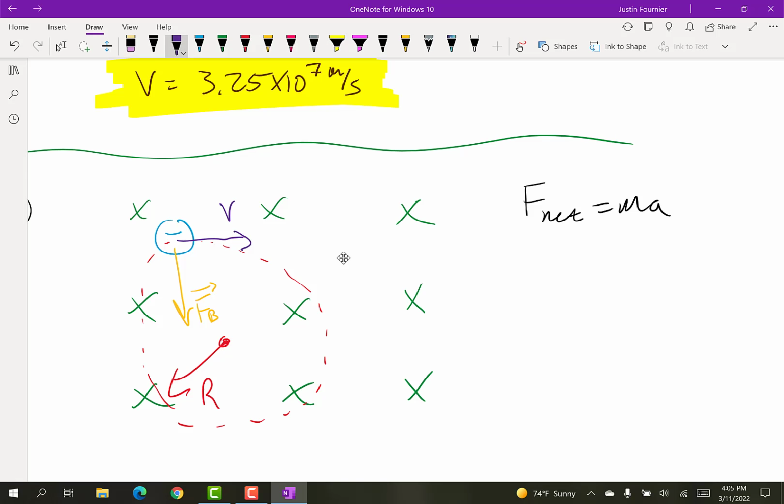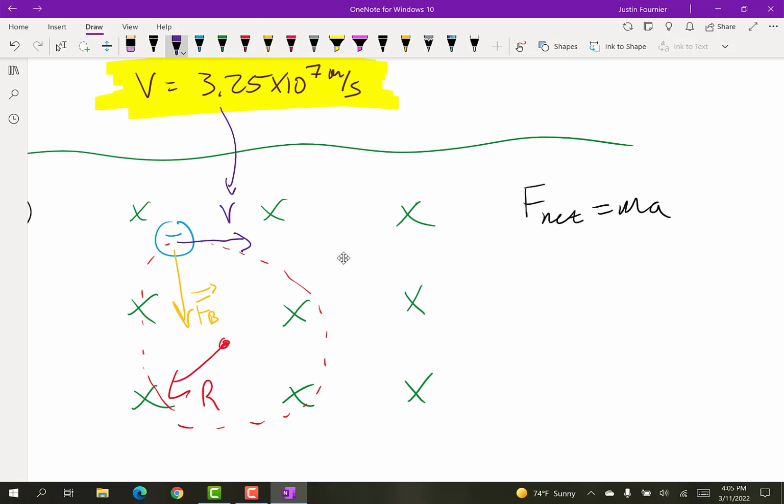Here's the speed v, and this v is basically going to be that v down there. So F net is really just my magnetic force. That's going to be mass times acceleration. The magnetic force is QVB sine theta, which equals my mass times acceleration. Then I'm going to divide both sides by mass.